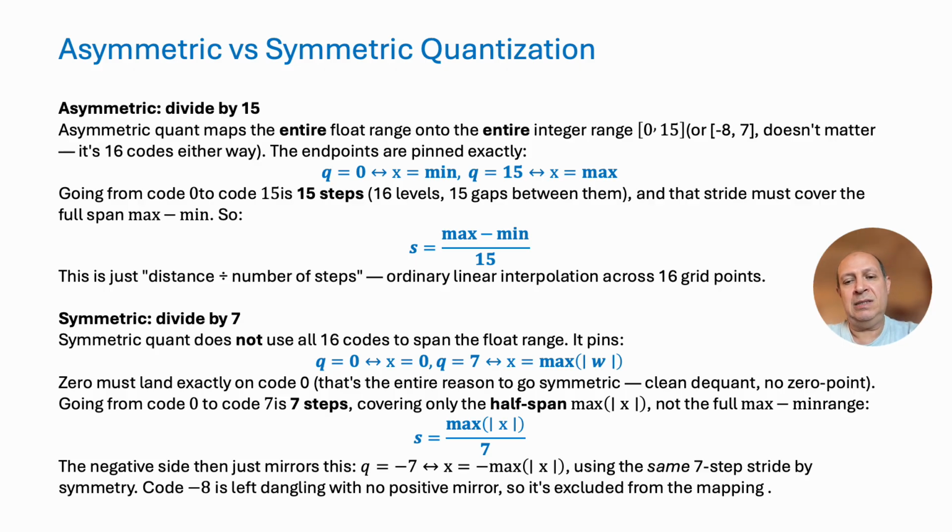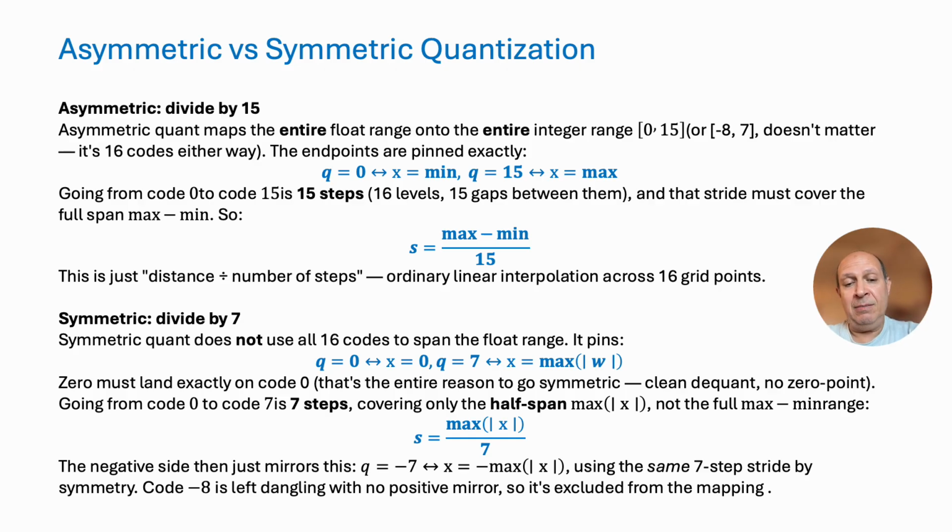In symmetric quantization, instead of dividing by 15, we divide by 7. Let's explain why. In symmetric quantization, we have a symmetrical interval starting from -7 all the way to 7, with a zero point exactly at 0, at the quantization level 0.